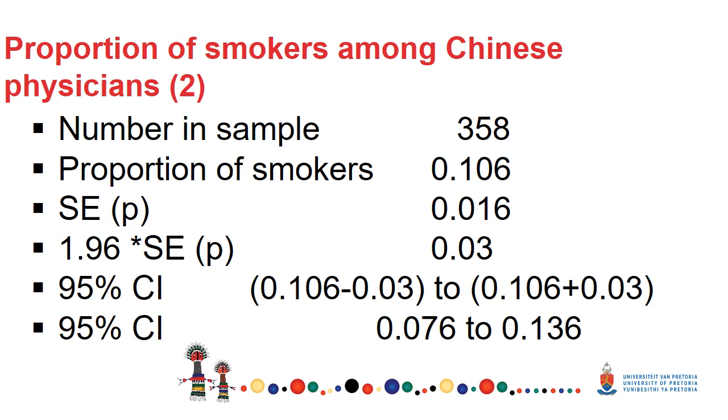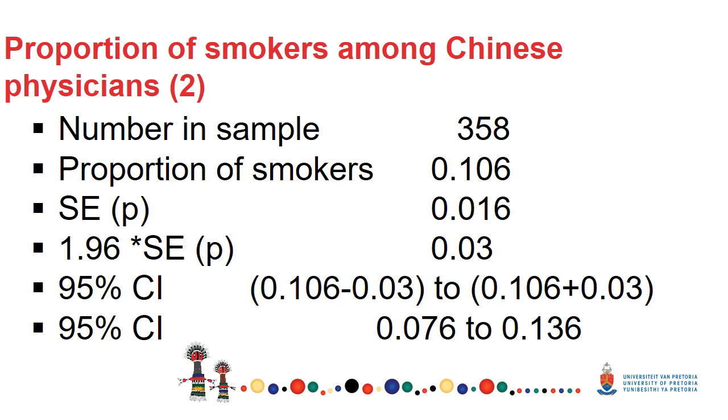The example is continued in this slide. Remember the number in the sample N is equal to 358. The proportion of smokers, where we divided 38 by 358, was 0.106. The standard error of proportion, which is calculated by the square root of P times 1 minus P over N, is 0.016.